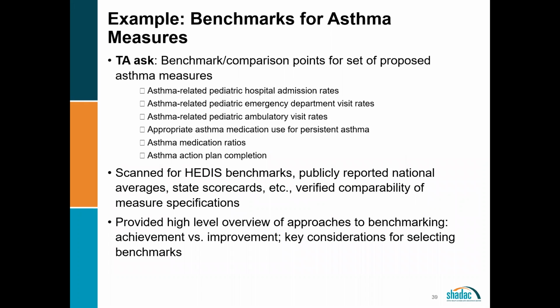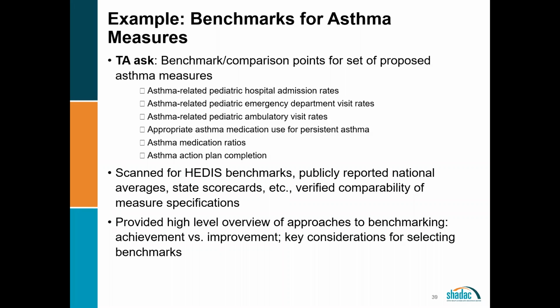And this slide lays out a resource that's also available that we created for DC. So they were looking for examples of benchmarks and comparison points for the measures that they were thinking about tracking for one of their 618 interventions, and those are the measures listed on the slide.